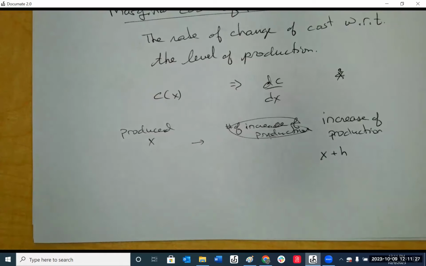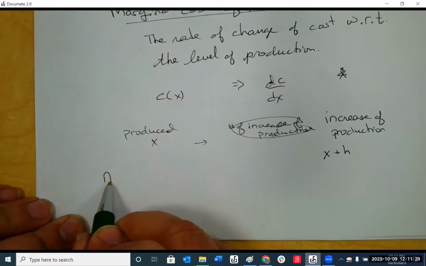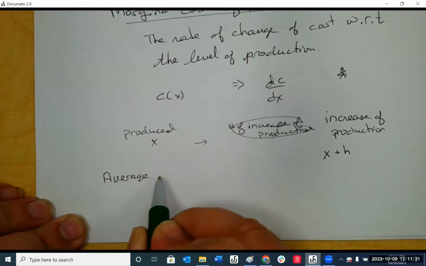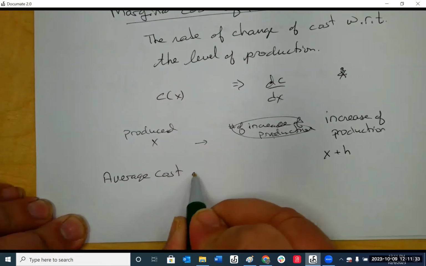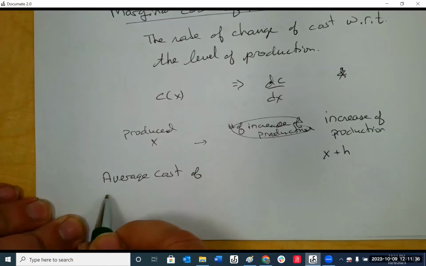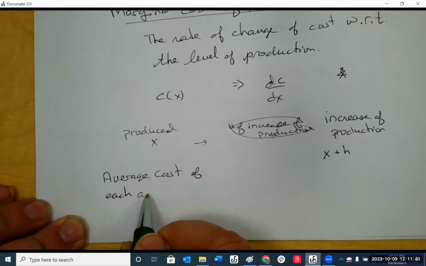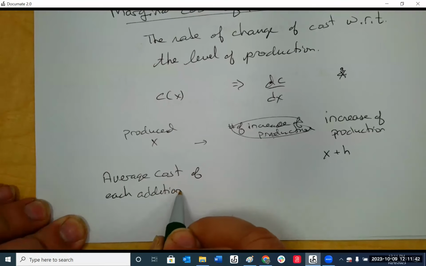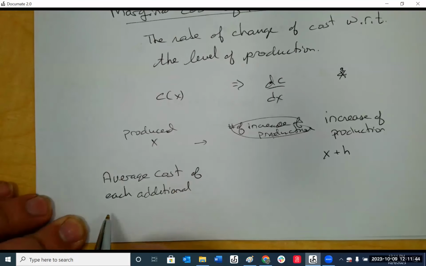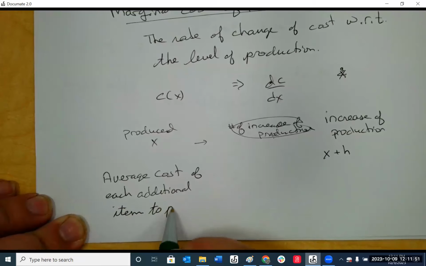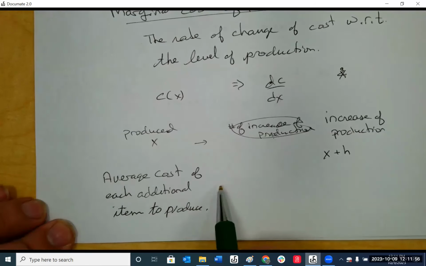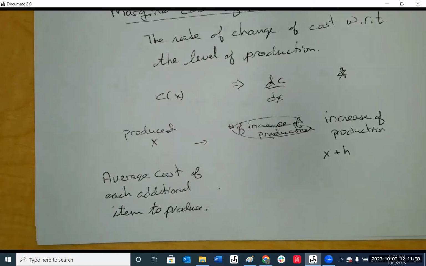So what would the average cost of each additional item to produce be?